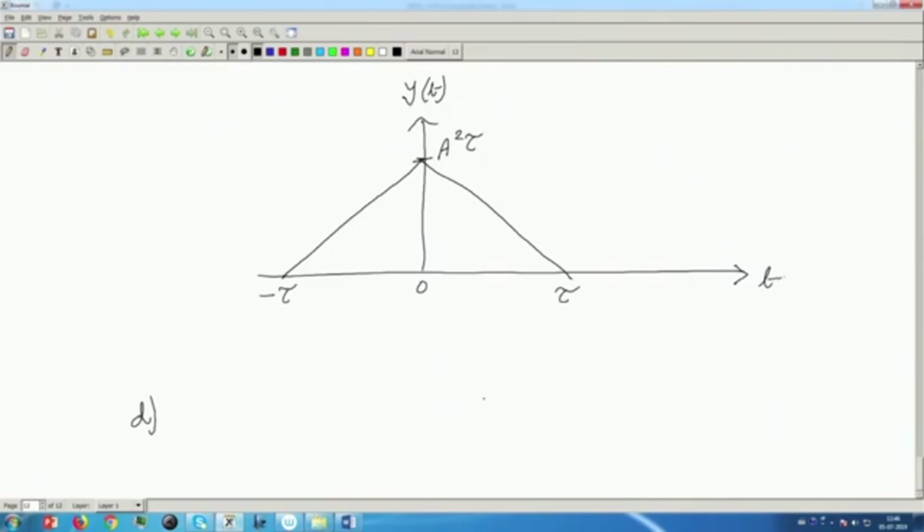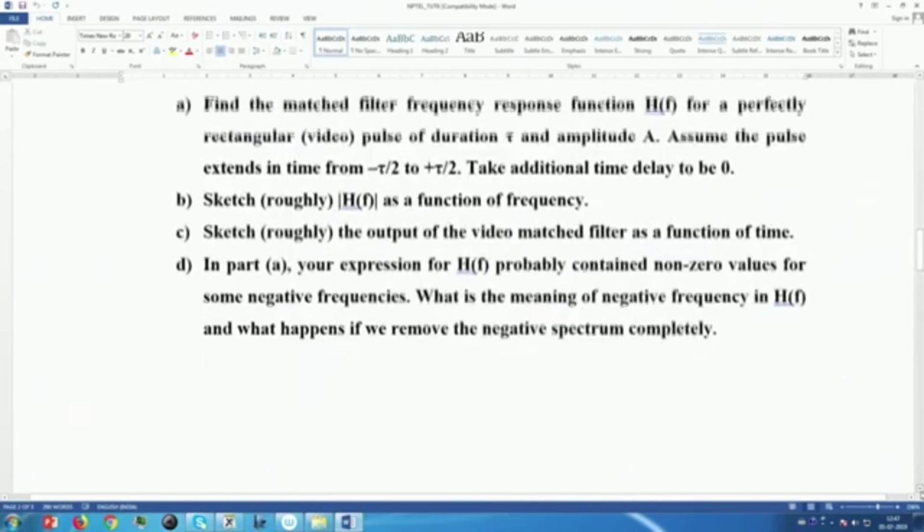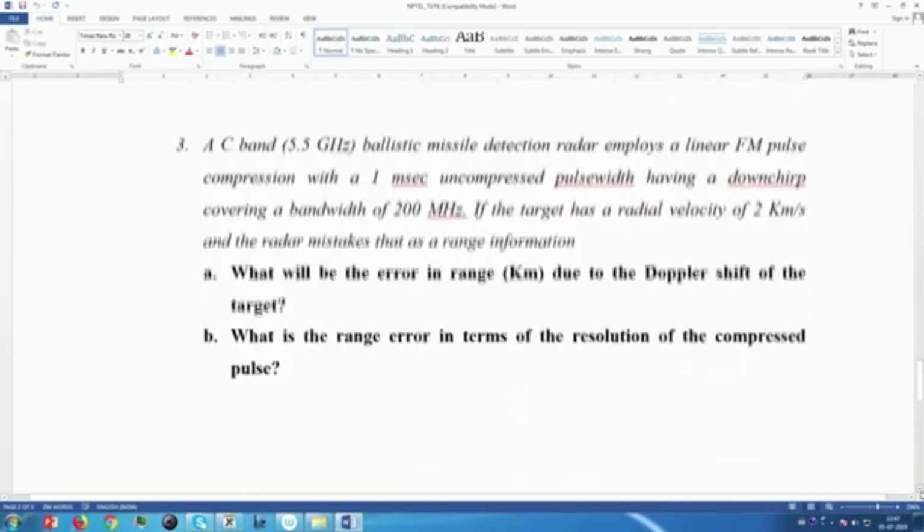Okay. I think this problem we have seen. Let us see the last problem.